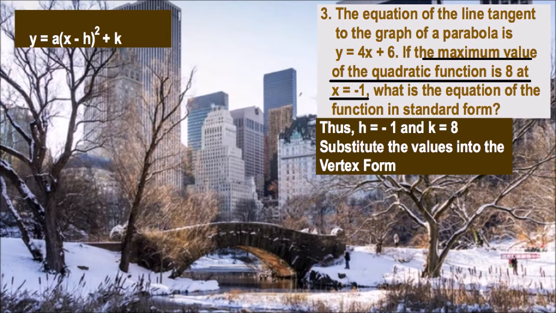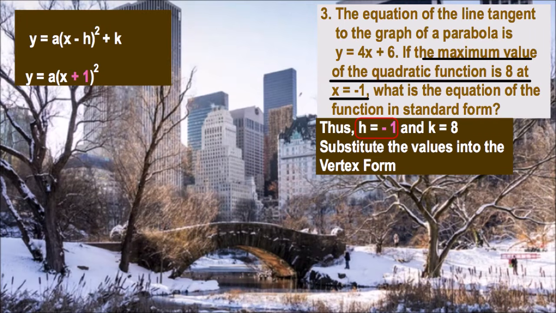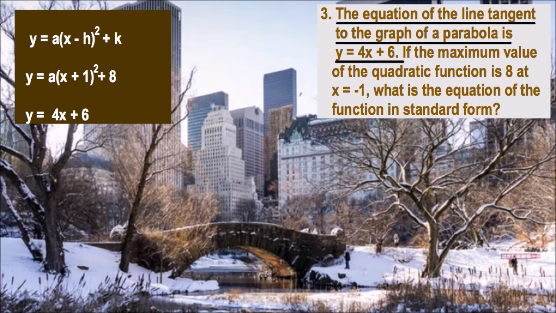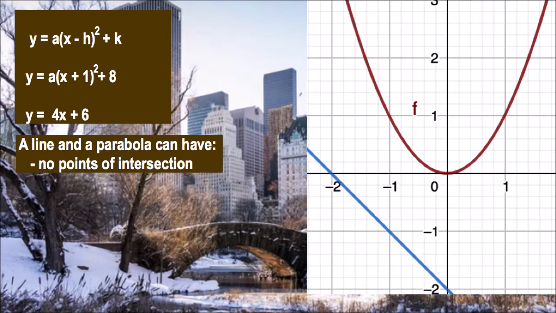Substitute these values into the vertex form. y equals a times the quantity (x + 1), everything squared, negatives cancel out, plus 8. The equation of the line tangent to the graph of a parabola is y equals 4x plus 6.